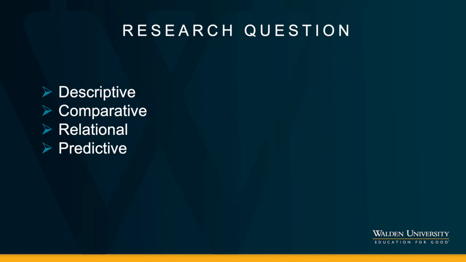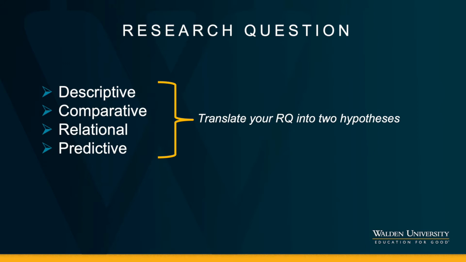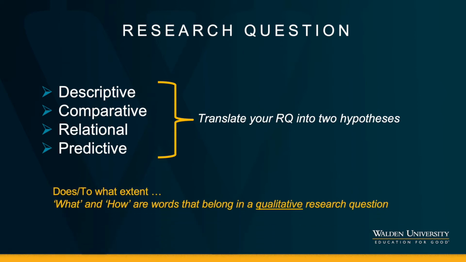But please be sure that your research question is a question and has a question mark at the end. It is not a statement. You are to translate your research questions into two hypotheses. But I want to mention here that sometimes I hear students start research questions with the words what or how.